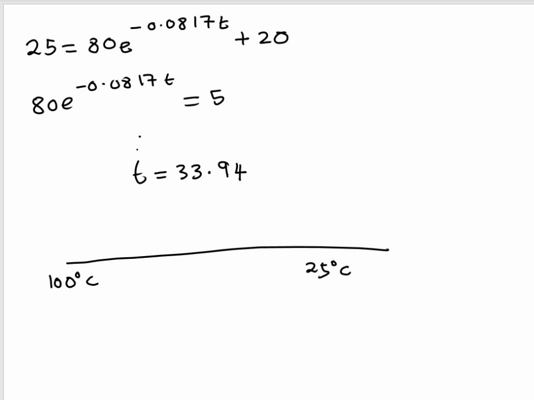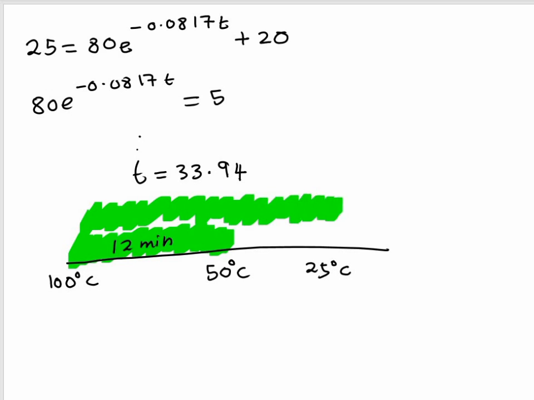So what we want is the time for the object to cool from 50 degrees Celsius to 25 degrees Celsius. So what we have to do is subtract the values. We know that the time taken for the object to cool from 100 to 50 is 12 minutes. And we know that the time taken for the object to cool from 100 to 25 degrees Celsius is 33.94.